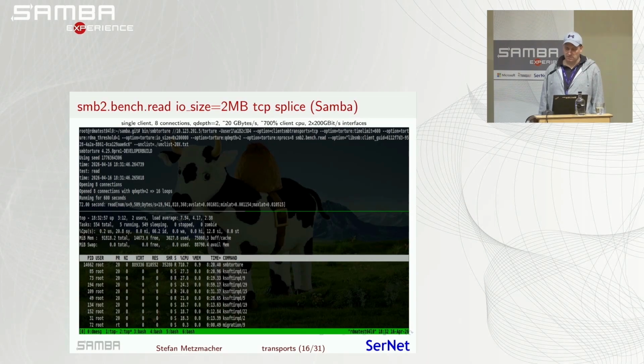When I use this with an I/O size of 2 megabyte and use TCP and splice in the Samba case, I'm basically able to have a single SMB torture command getting about 20 gigabytes per second, and it uses about 700% CPU on SMB torture, and I only got that because at the lower level I'm also using the IO based receive message in the receive part.